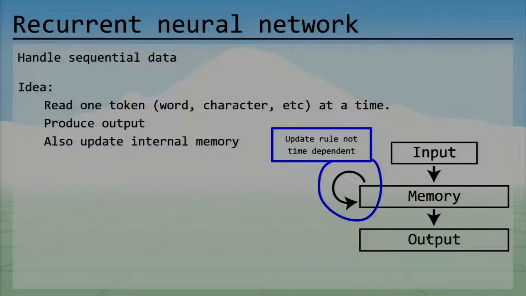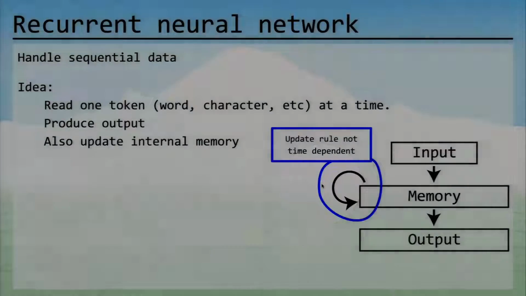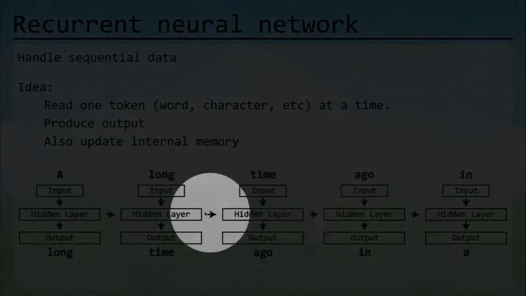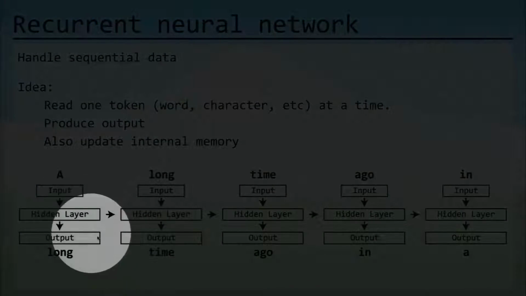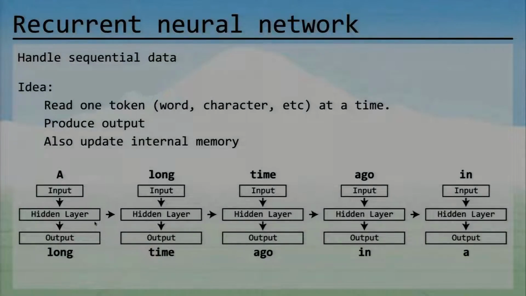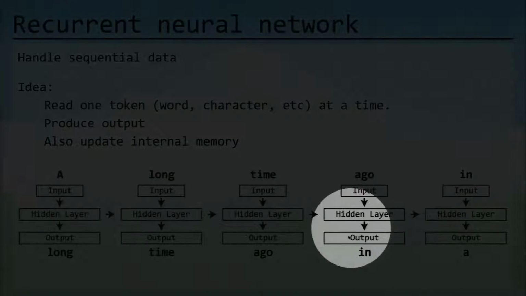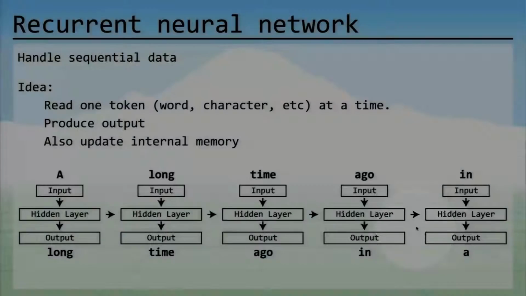And we have a couple things to think about now. We have this update rule, and an important thing is you could think about the updates between these different layers as potentially depending on when you're performing the update. So maybe early on in reading your sentence, you have some way of updating your internal memory, and maybe as you read later on in your sentence, you have some different method of updating your internal memory.